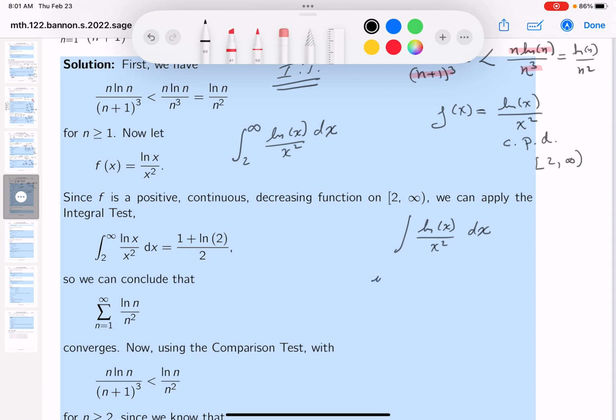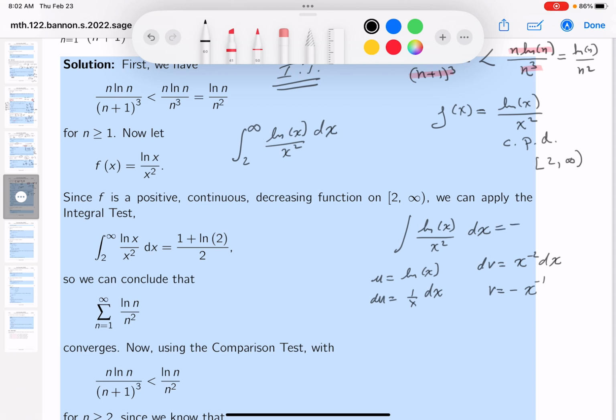So I'm going to say u equals the natural log of x, and du would equal 1 over x dx. And then dv would be x to the minus 2 dx. That means v, I'm integrating now, so x to the minus 1, and I divide by minus 1. So that's not so bad. I think I can do that. What do you get here?